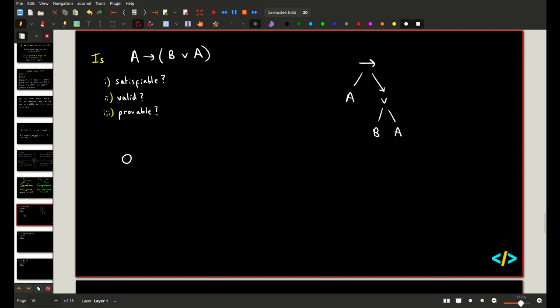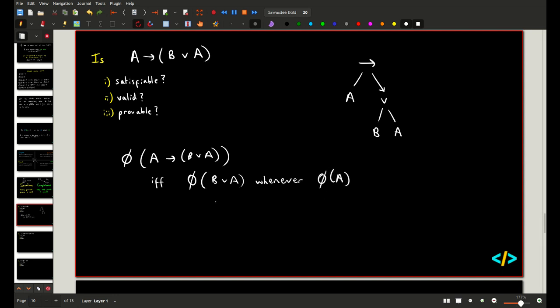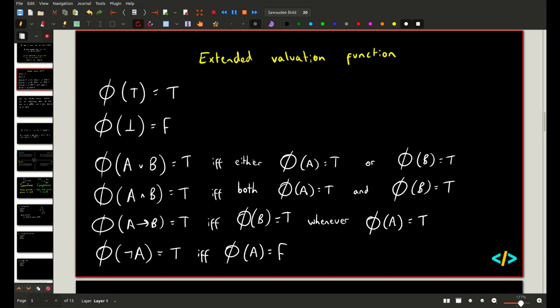So let's say we have phi of A implies B or A. We start by splitting this up into: if phi of B or A whenever phi A, then we know this is true. And we know this is true if, going back to our or, either this or this.